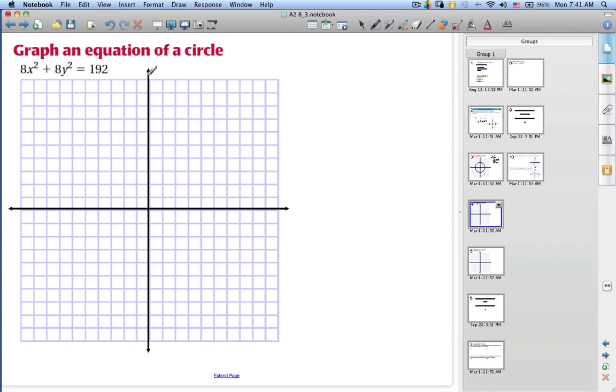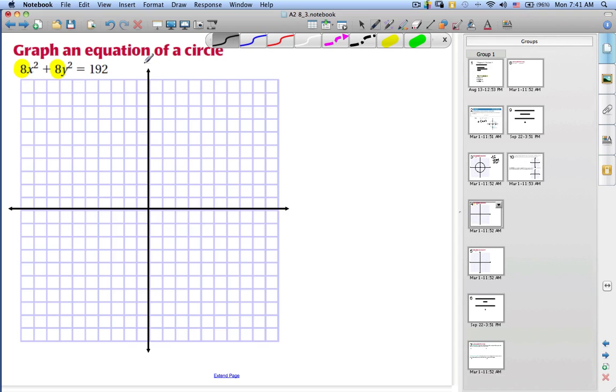You're going to get some problems like this where it's not in the correct form. Sometimes in the forms that we see the equations, it's difficult to tell what it is. The sign that it's a circle is that this coefficient and this coefficient are the same number. If they were different numbers, it would be an ellipse. But for now, we haven't started working with ellipses.